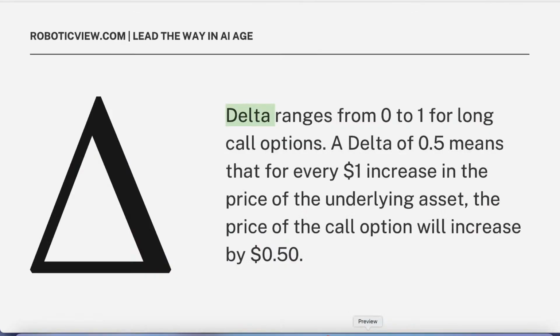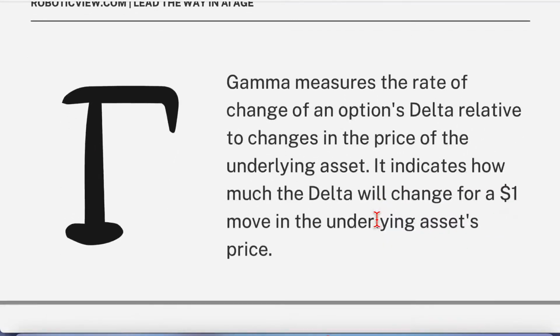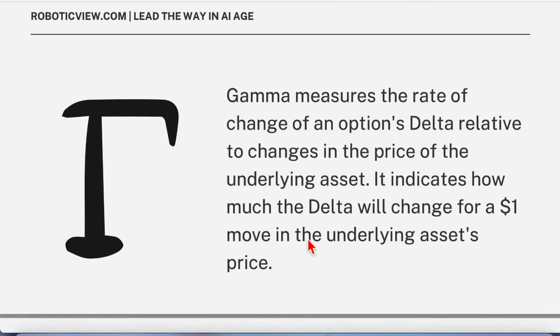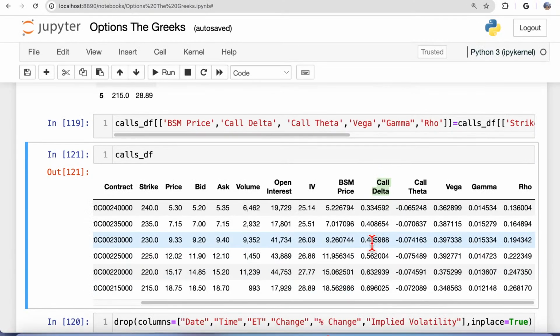So the next Greek letter is gamma. Gamma, and you'll see it here, pretty much will identify how delta will change. That's also important because, as I mentioned before, this number is not constant.